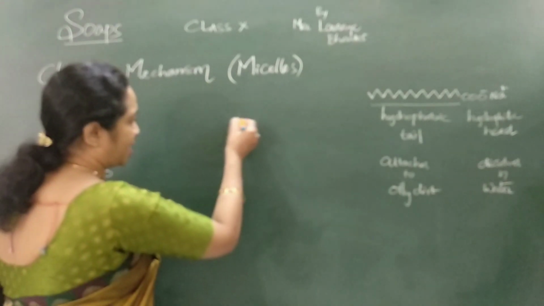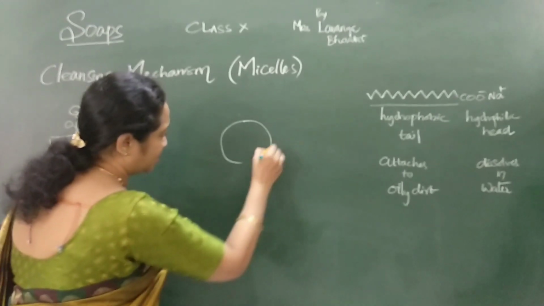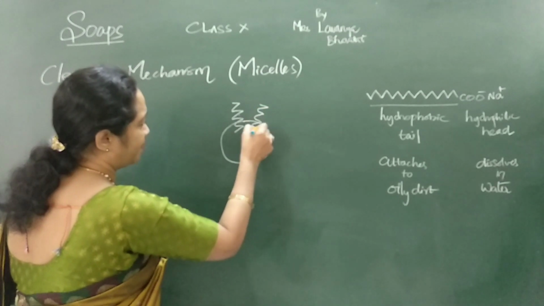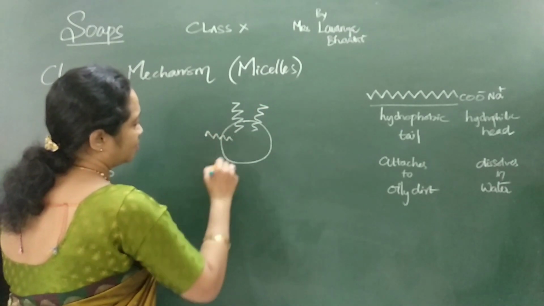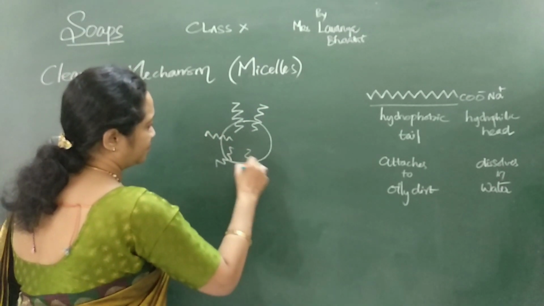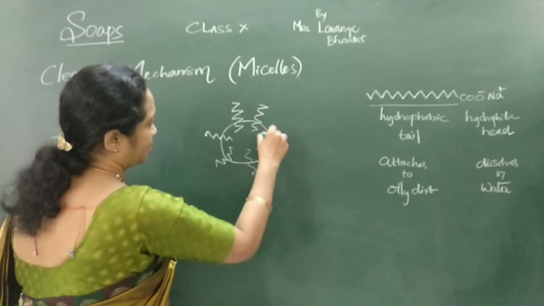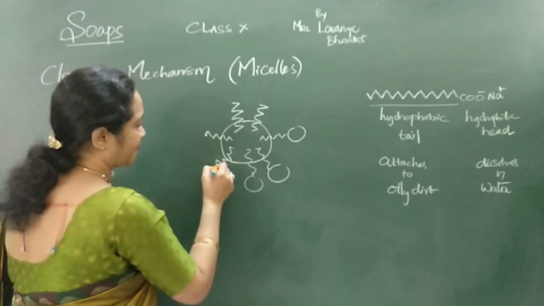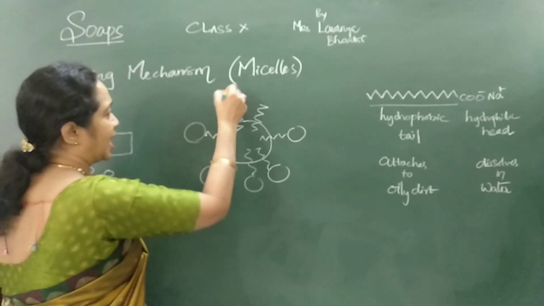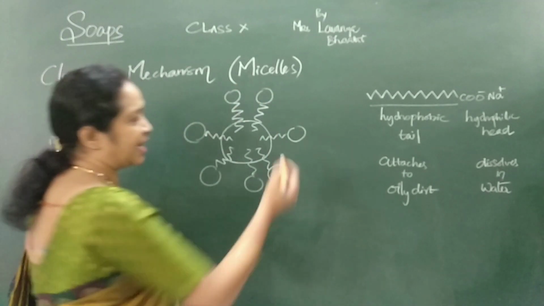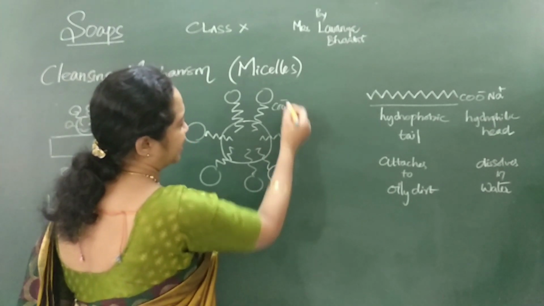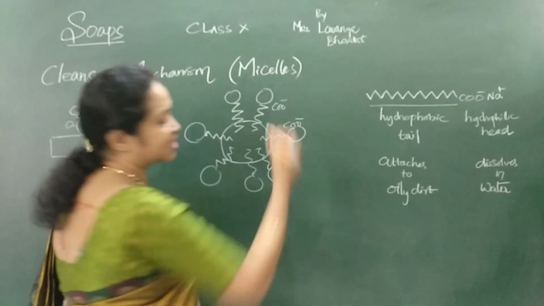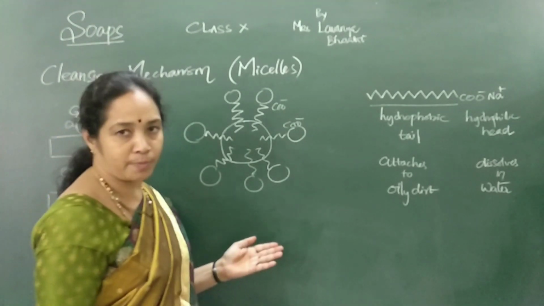Here I am representing a micelle. These are the hydrophobic tails, and these are the hydrophilic heads. Here you can see ion-ion repulsion. The negatively charged COO minus of one soap molecule undergoes repulsion with COO minus of another soap molecule.